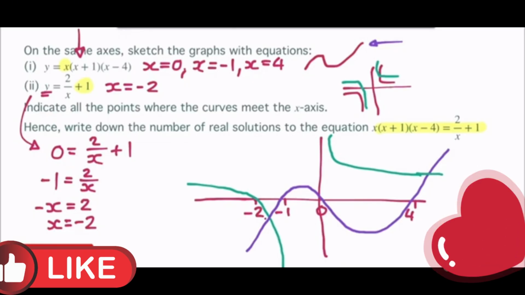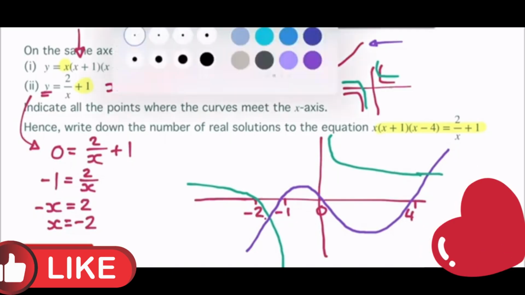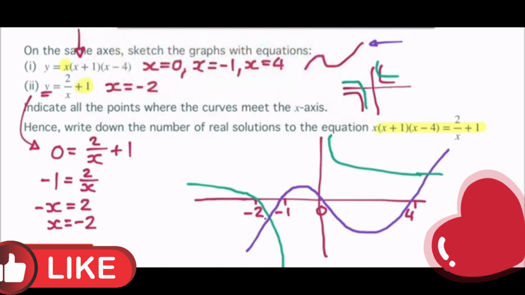But this question here has said, hence, obviously using our diagram there, write down the number of real solutions to this equation. It doesn't want the solutions exactly, it just wants us to write down how many there are. So as we can see on the graph here, we've got one here where they cross over, and we have another one just there.